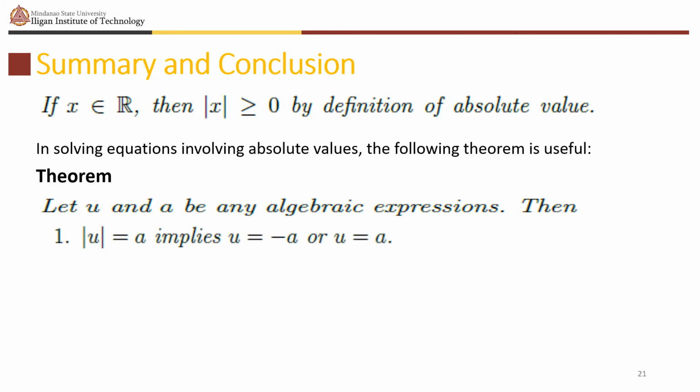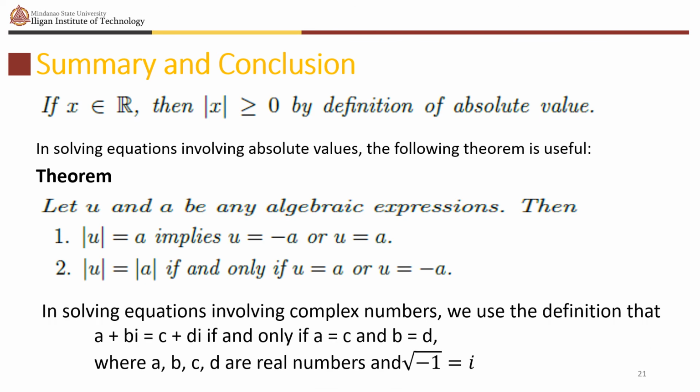Number 1, the absolute value of U is equal to A implies U is equal to negative A or U is equal to A. Number 2, the absolute value of U is equal to the absolute value of A if and only if U is equal to A or U equals negative A.